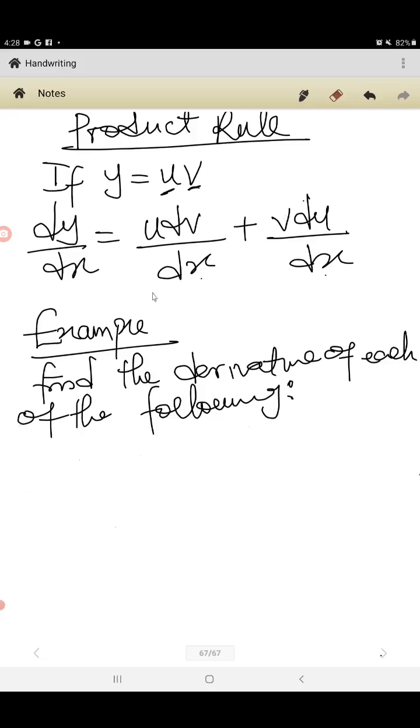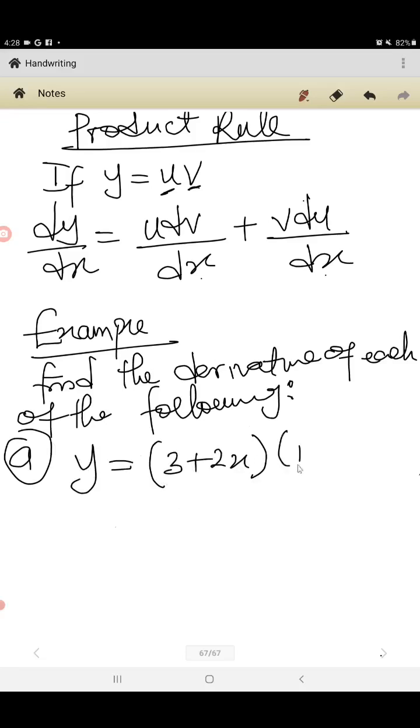So let's have the first one, which is A, in the product rule. We have been given the formula. Let's say y is equal to (3 plus 2x) times (1 minus x). If you want to analyze this, your u is this, your v is this.